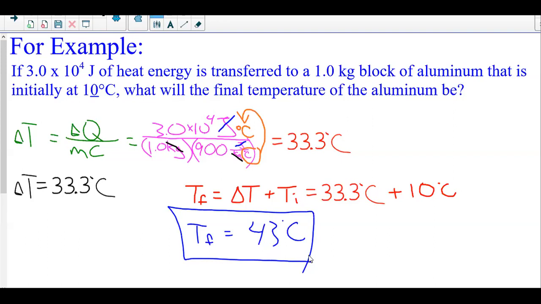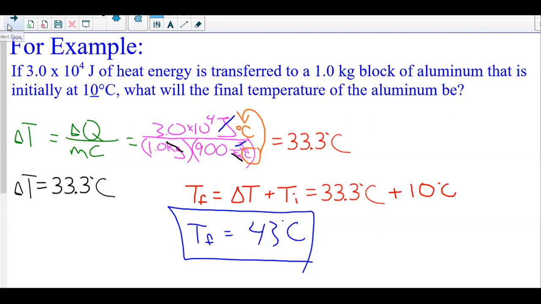If you talk about material strengths or why certain things are built with certain materials, it typically will come down to an object's specific heat capacity, its ability to hold on to heat. Sometimes you want something with a high specific heat capacity. Sometimes you want something with a low specific heat capacity for transferring heat energy from one object to another.